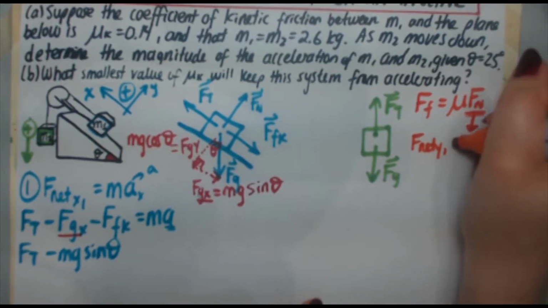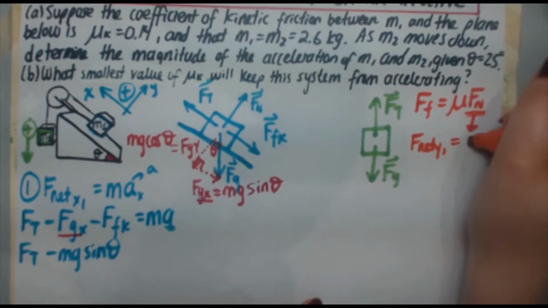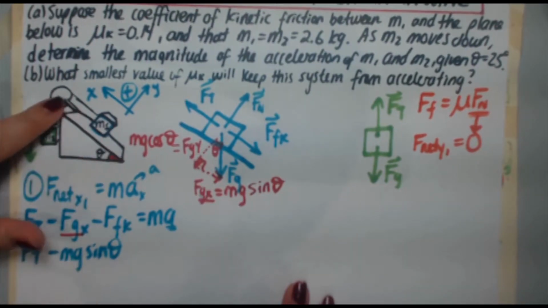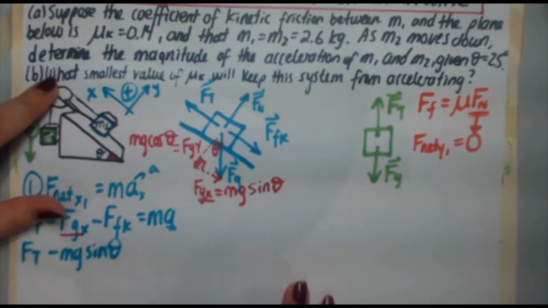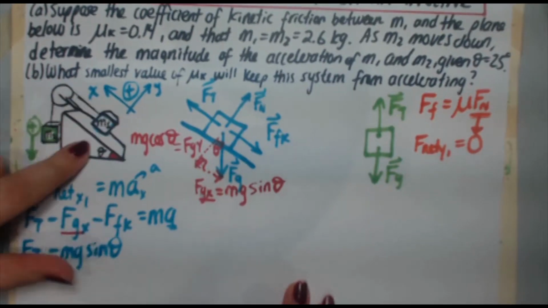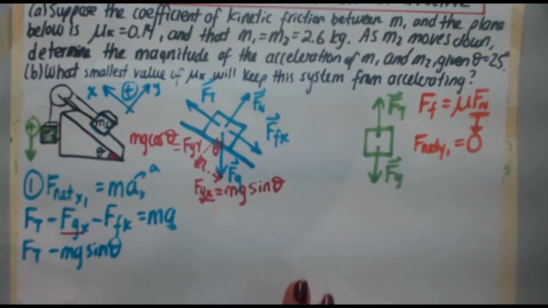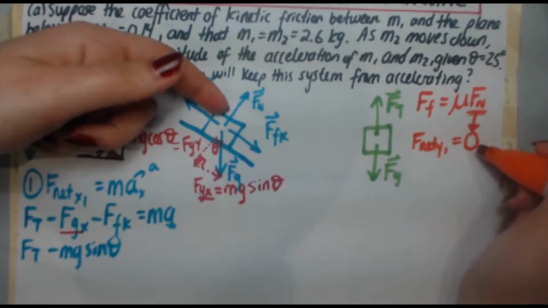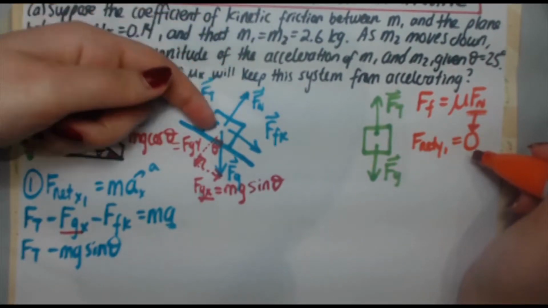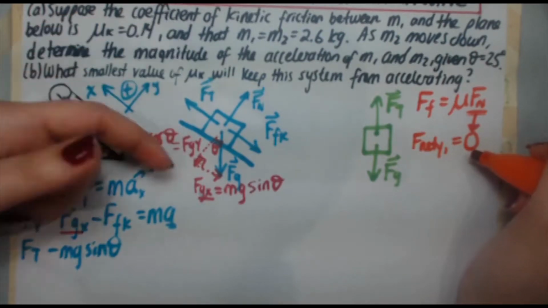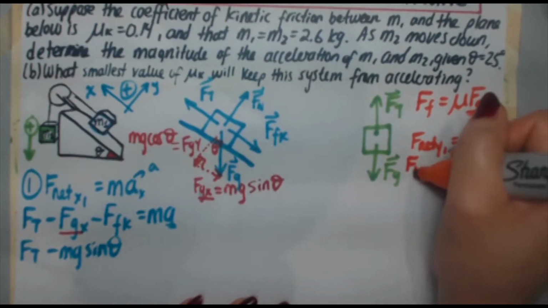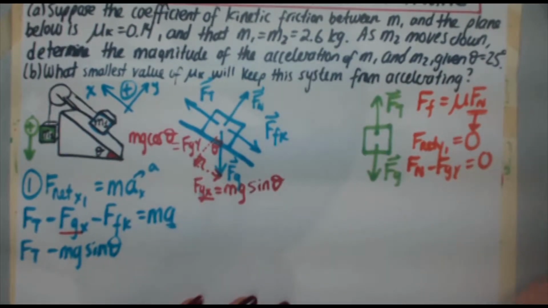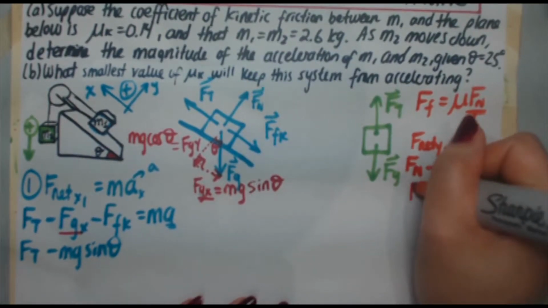F net y1 equals 0. Okay? For this block, we know that it's simply sliding up the ramp. It has no motion in the y direction. It's not accelerating. Therefore, the net force in the y direction is 0, meaning the two forces in the y direction, which are Fn and Fgy, must balance each other out, because then you get Fn minus Fgy equals 0. Again, the only two vertical forces.